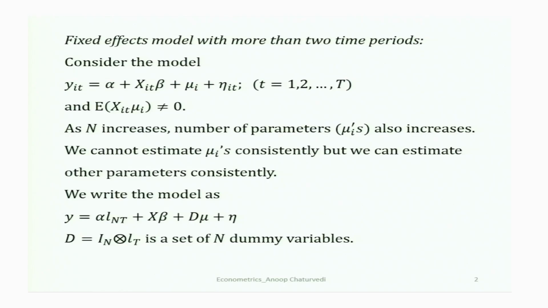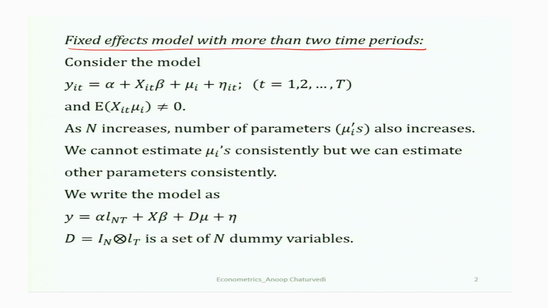So, first we consider the fixed effects model with more than two time periods. We consider the model y_it equal to alpha plus x_it beta plus mu_i plus eta_it. Again, we assume that the expectation of x_it mu_i is not equal to 0.